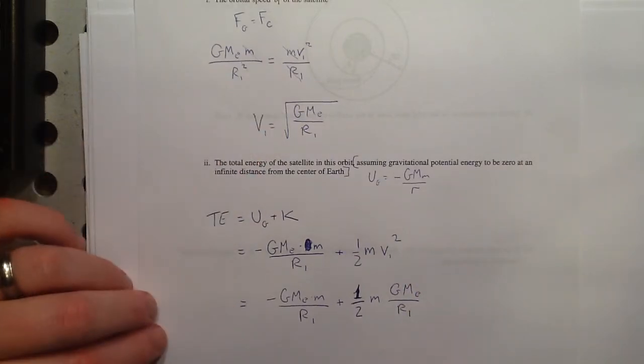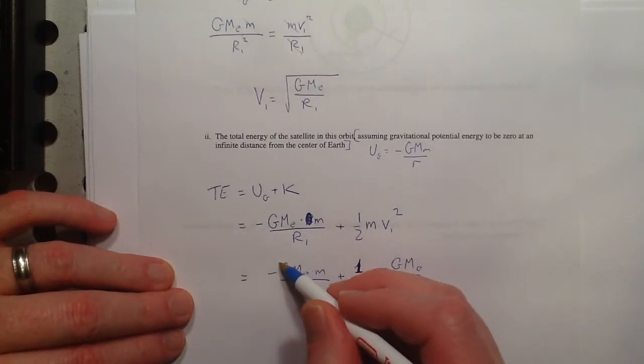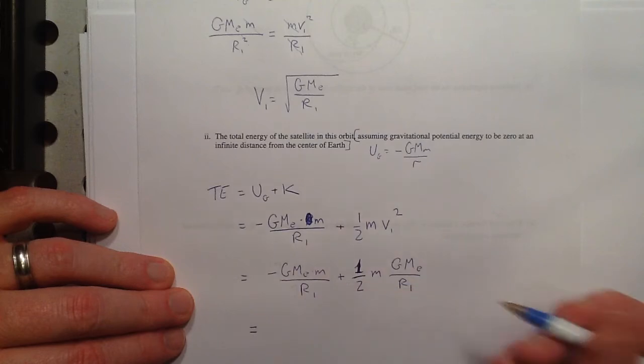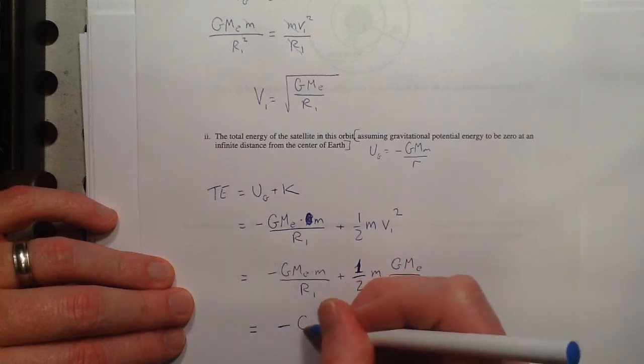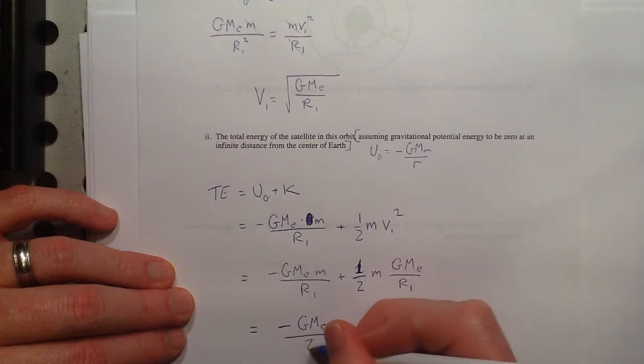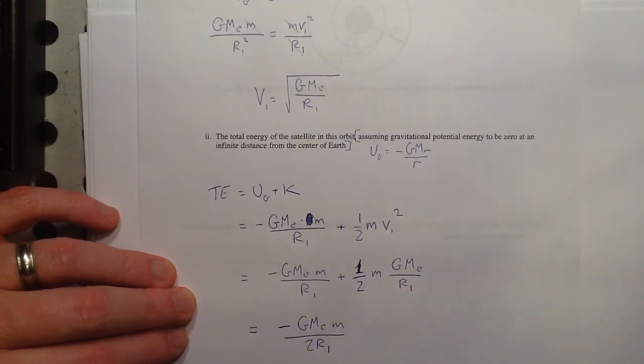And then we know what this simplifies to. You could common denominator by putting a 2 there and there, and that simplifies to negative G M_E m over 2 R1.